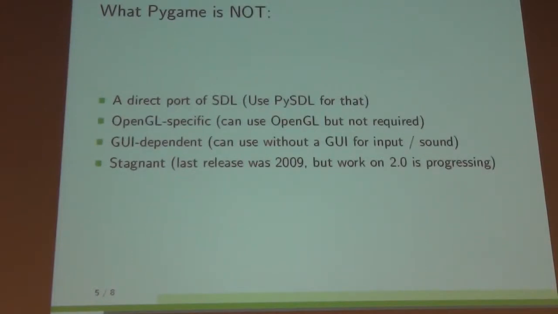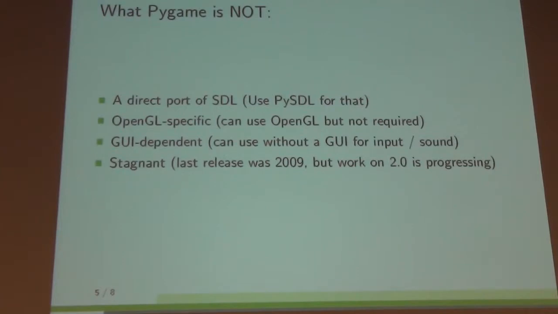What it is not is a direct port of SDL. For anything that's a little more complicated, you may want to use PySDL. It is not OpenGL specific. You do not have to have an OpenGL card. It uses 2D, though you can use OpenGL with it. What it does is create, for lack of a better word, a canvas, a surface that it draws on.